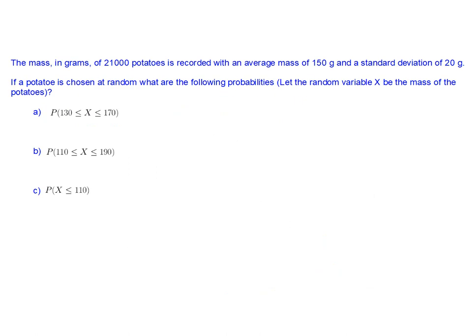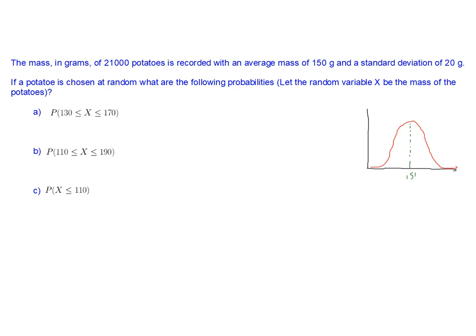So again, we'll use this example of the 21,000 potatoes. Just a reminder that the graph looks something like this. We saw that it could be approximated by a normal distribution, and that normal distribution looks something like this. Again, all normal distributions have that same bell curve to them. We know that there is a mean, and that happens at the peak, and that mean in this case is 150.